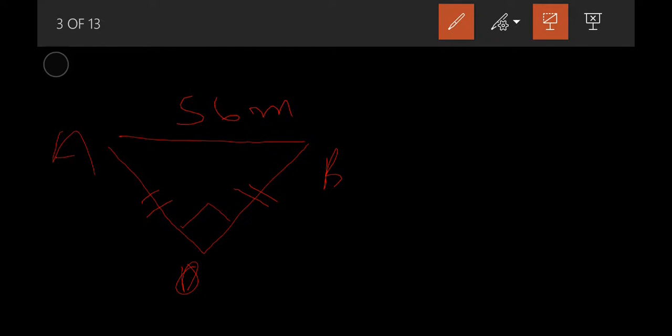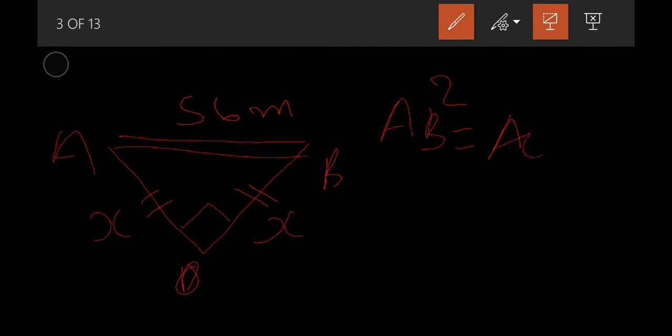By the Pythagoras theorem, let us assume AO and OB are equal to x. Then AB square equals AO square plus BO square, which is x square plus x square.